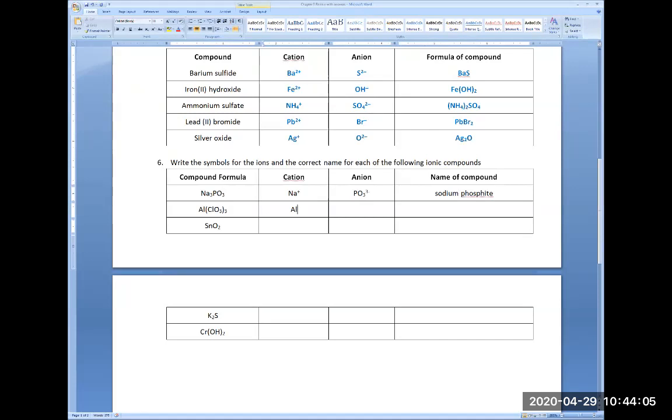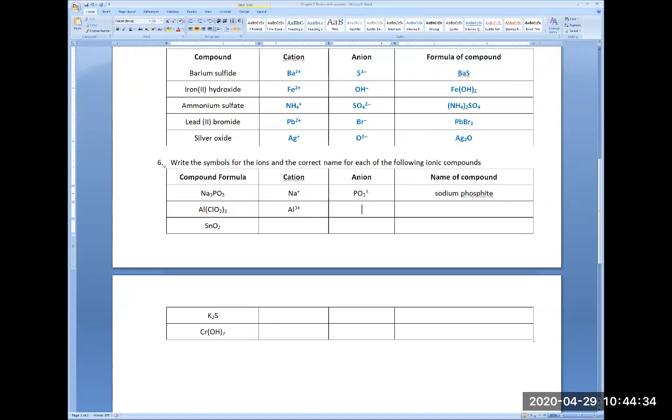So aluminum is in group 3A. It's another predictable ion. Group 1A, 2A, and 3A, those metals, I'm talking about the metals only, they are predictable. And the group number is equal to the charge. And because metals make positive ions, it's a 3 plus for aluminum because it's in group 3A.